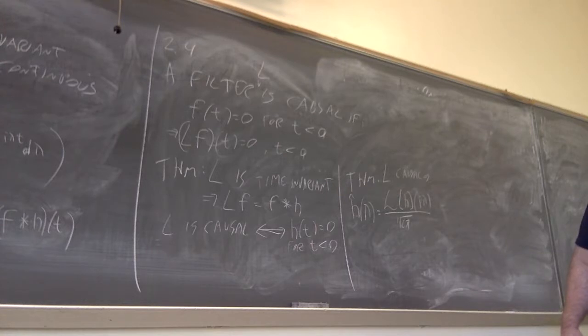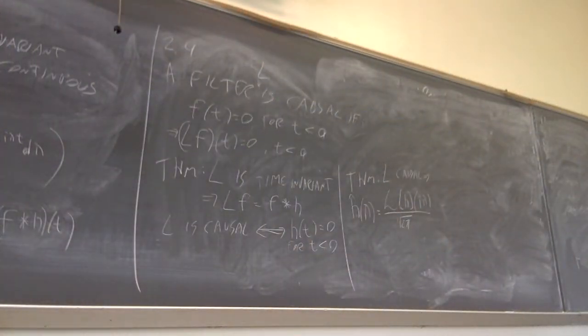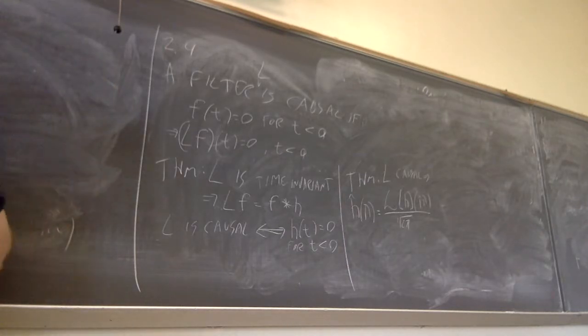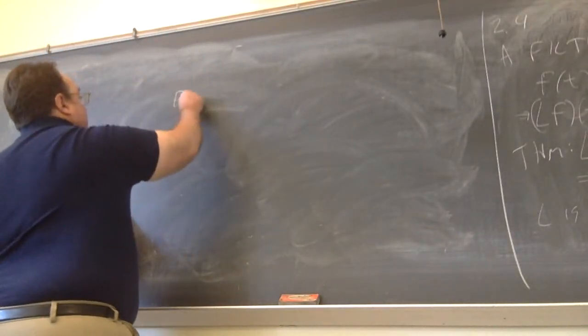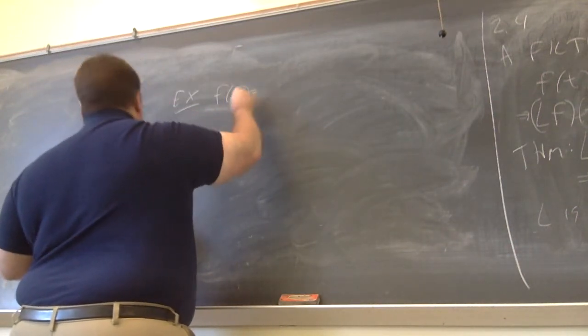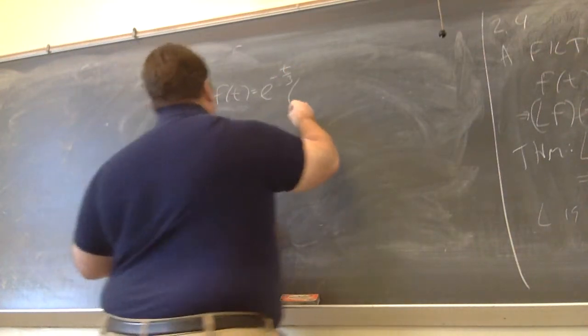Okay. All right, so I'm going to have an example here. Let's suppose our function f of t is given by this.